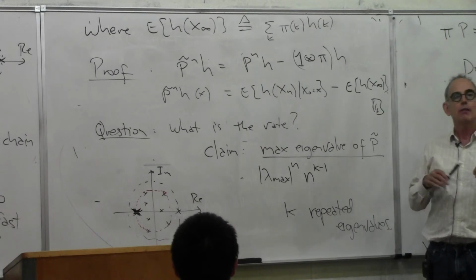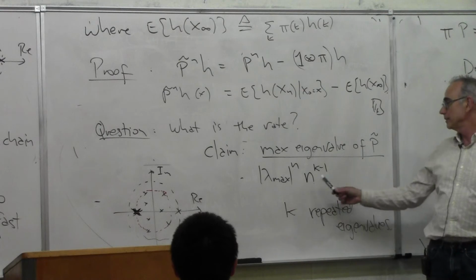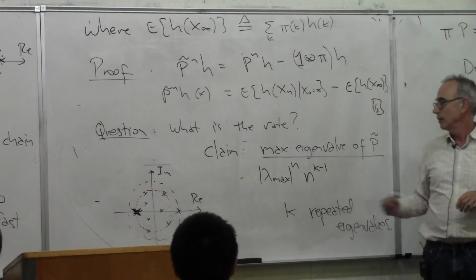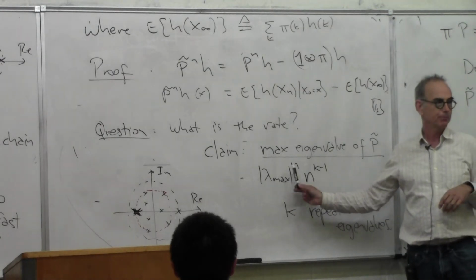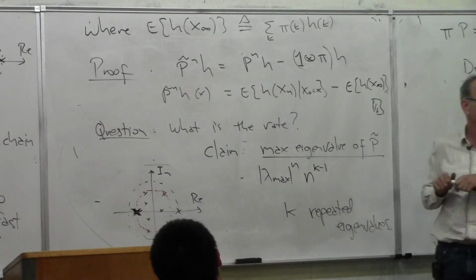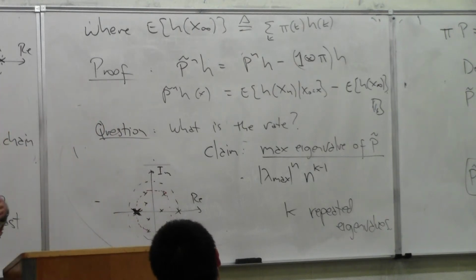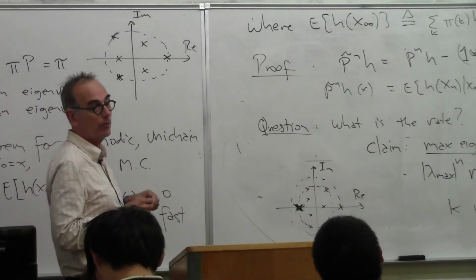Yeah. So there's a Jordan canonical form for any matrix, and it corresponds to having this polynomial term as well as a geometric term. And that's why there's a big industry of trying to get rates of convergence for Markov chains, because you want to figure out how long do I have to simulate something to get a good estimate of something.